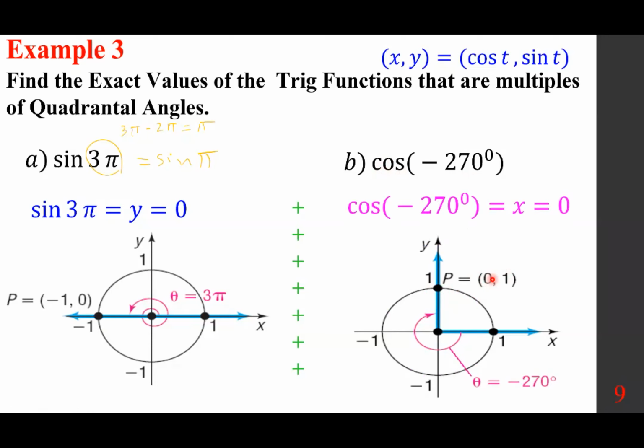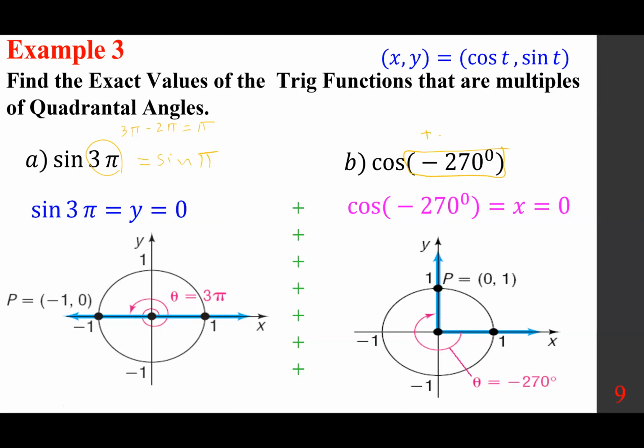Another thing I can show you here, if you happen to have a negative angle, and it may be difficult to figure out, and you want to make it positive as far as figuring out the functional value, add a complete revolution.